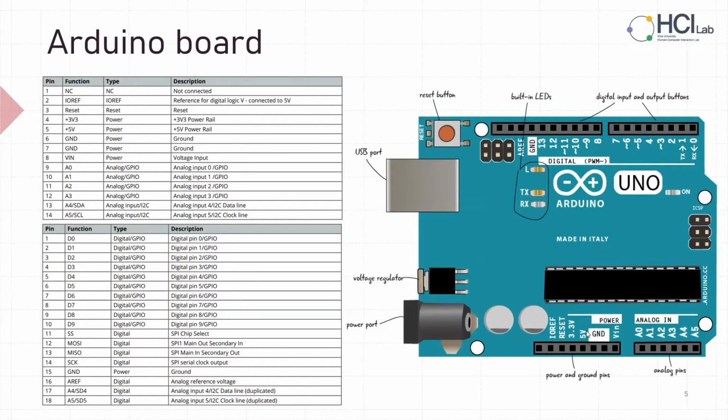And here, as I told, the power, these analog pins, and the power and ground pins. And the next side is the digital input and output pins and built-in LEDs. So this is the main board of Arduino.